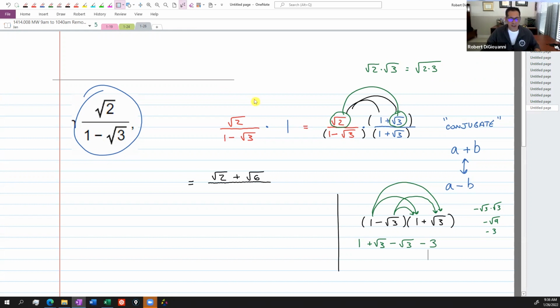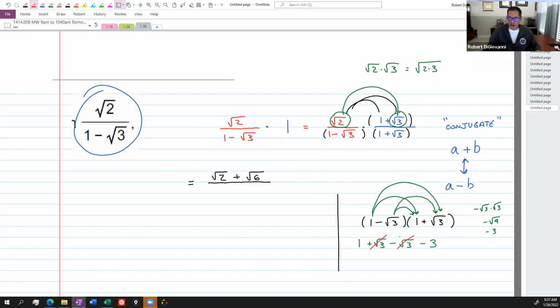Do y'all notice something that happens to the middle two terms? They cancel out. Guess what? Anytime you ever multiply something by its conjugate, the middle two terms always cancel. That's actually why we do it.